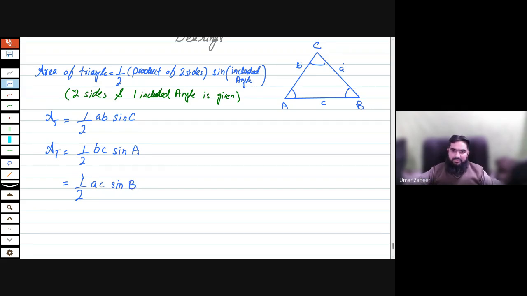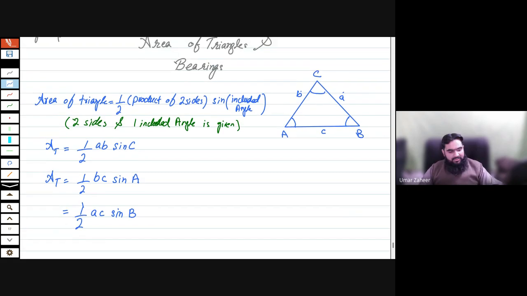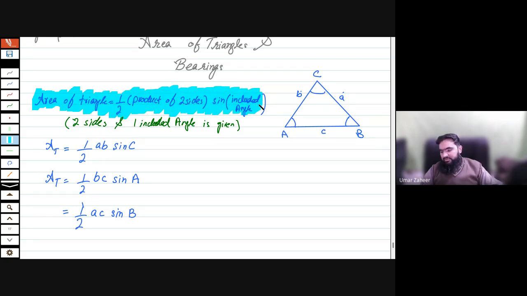Just give me 1 minute, guys. All right, so look here. This is the main statement that we need to memorize and understand. If you have to find the area of any triangle, we need two sides and their included angle.